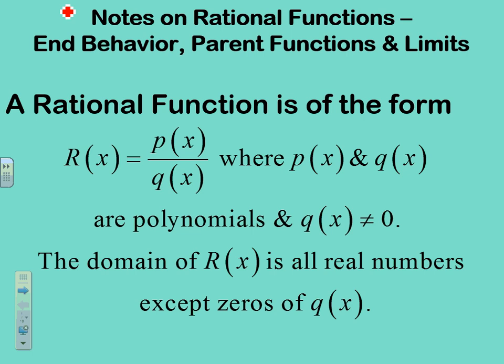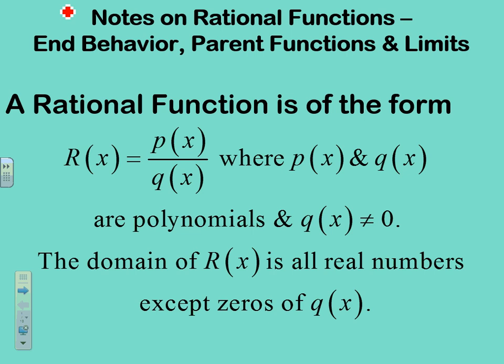A rational function is typically made up of polynomials, where you will have a polynomial in the numerator and a polynomial in the denominator. You don't always have to have a polynomial in the numerator. You could just have a number. But for a function to be considered a rational function, there must be some type of polynomial in the denominator, so that we have our variable in the bottom of our fraction.